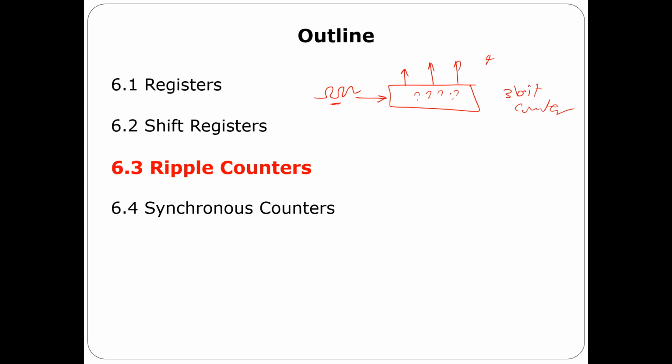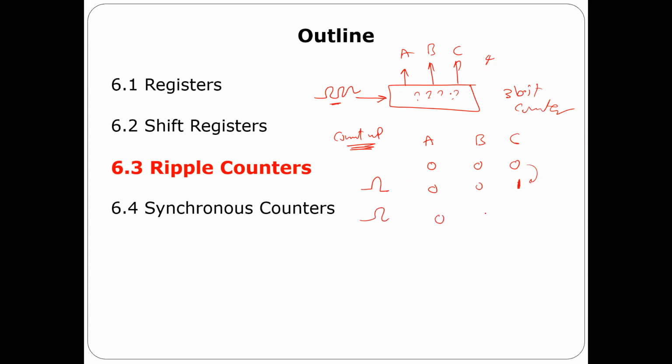Actually, we have two types of them. One of them is called count up. I'm gonna talk about this one first. In the case of count up, if you look at the output here, I'm gonna call it ABC. You can find it is number 0 in binary, 0 0 0. After one clock, you can see it is number 1.